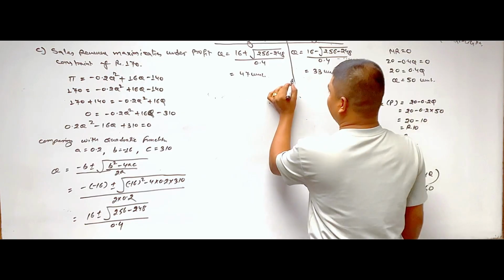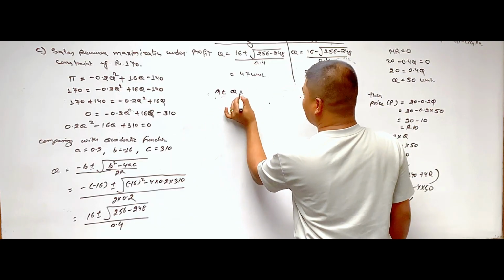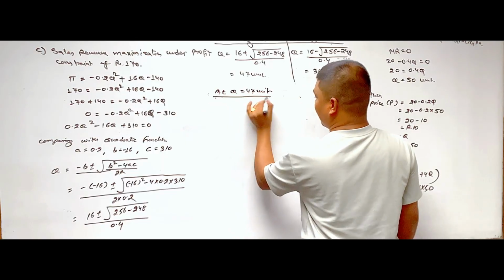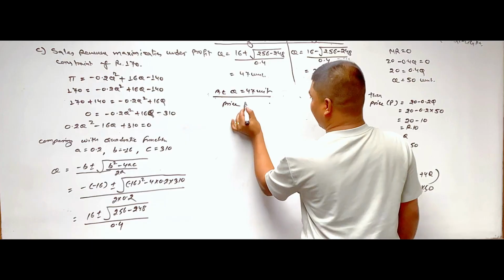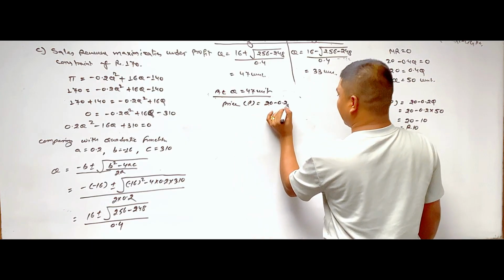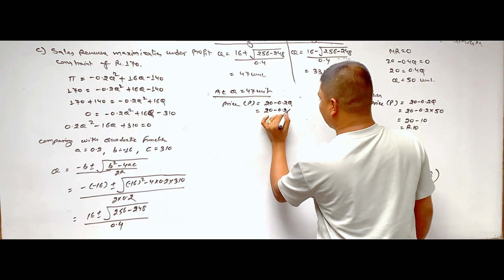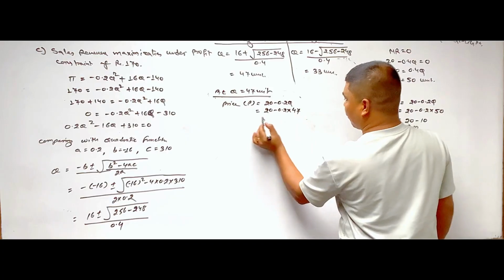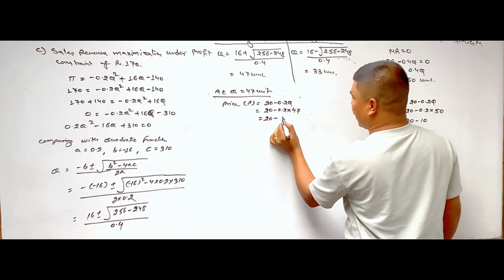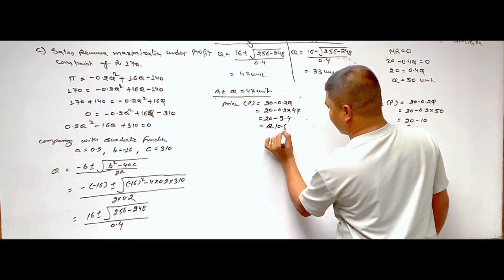That means at quantity equals 47 units, price P equals 20 minus 0.2q, 20 minus 0.2 multiplied by 47, 20 minus 9.4, rupees 10.6.